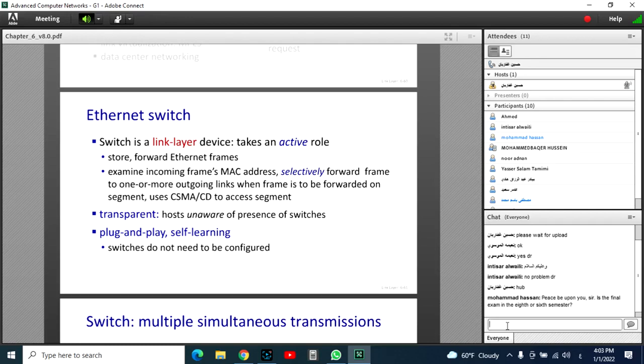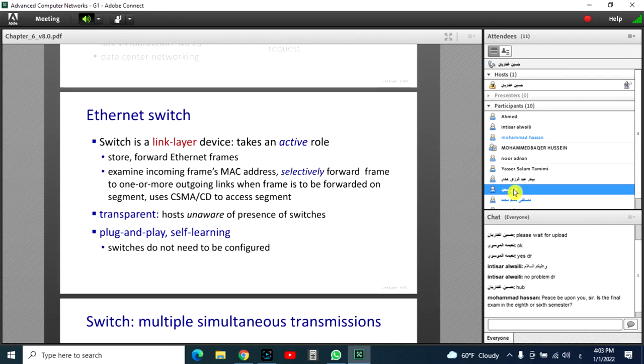I will talk about them one at a time. The switch can send the data to a specific port number. Why? Because it can learn those MAC addresses. So it can selectively forward: this frame should be forwarded over this port, this one should be forwarded over this port.